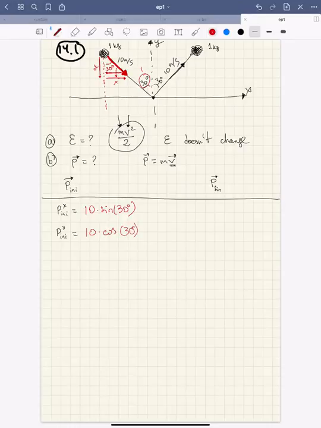Now I have to be a bit careful with the signs. If you look at this, the velocity is pointing down and to the right. So my x projection is positive, but my y projection is negative because the velocity is pointing down with respect to the y-axis. So I need to put a minus sign here.